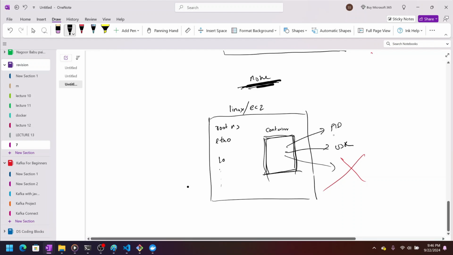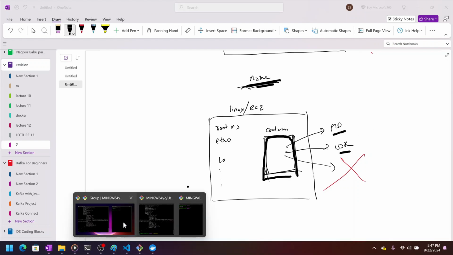So what it will do, it will create one PID namespace, one user namespace, and other namespaces, but it will not create any network namespace. And it will also not connect to any other network namespace like the root network namespace. This container will have no network capabilities because there is no network namespace, no interface connected to this container. So this is basically what the none driver means. When you use none as a driver, there will be no network capabilities for the container. So let's see it practically.